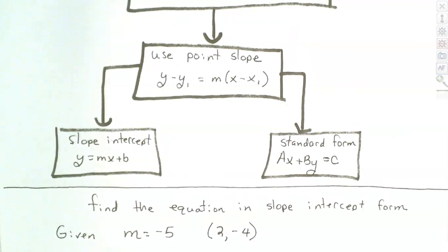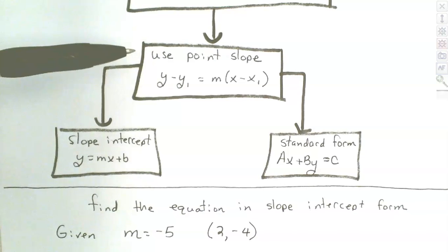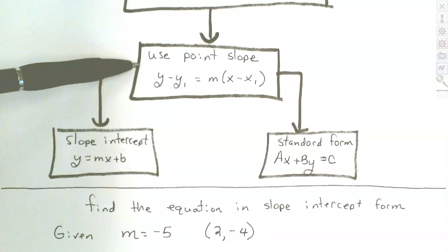Okay, so there again are going to be three flow charts. This first one is we're going to find the equation of a line when you're given a point and a slope. So we've got a point and a slope. And this is the most basic one. So what do we do? We use point slope, okay? And then once we've got it in point slope, what do we do from there?